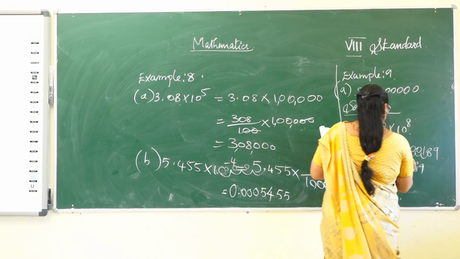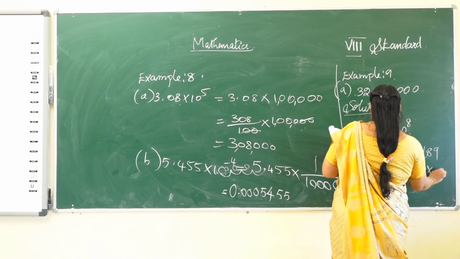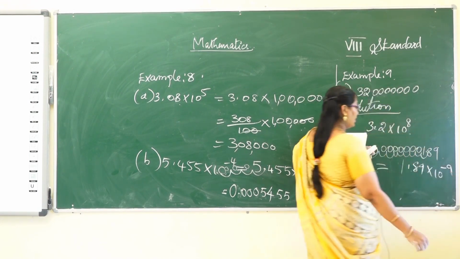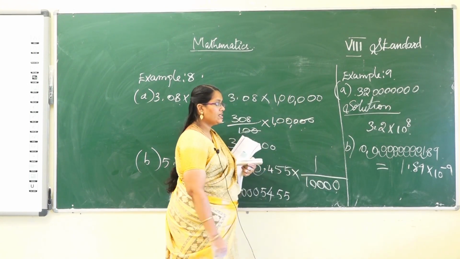So 1.89 into 10 to the power of minus 9.